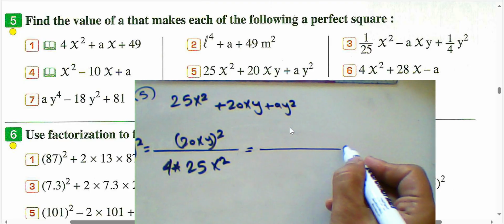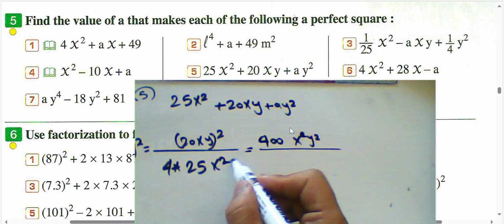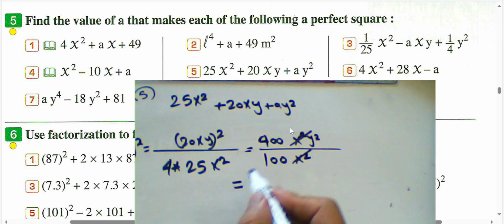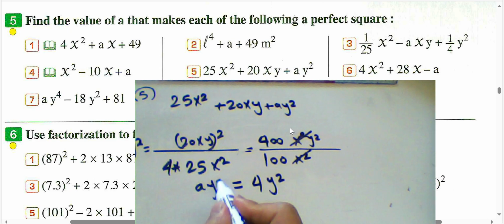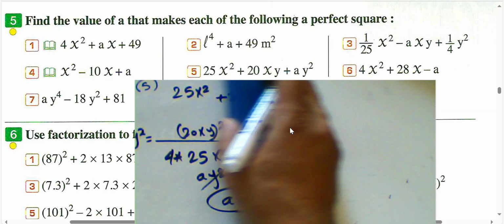The result will be 20 power 2, which is 400 x power 2 y power 2, over 4 times 25, which is 100 x power 2. We can divide 400 by 100 to get 4, and then write a y power 2. Cancel y power 2 on both sides, and a here is a coefficient. The value of a equals 4.